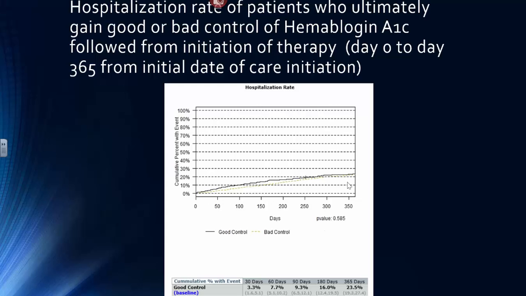Even though overall it's indistinguishable, there seems to be something going on in this earlier period. There seems to be a separation of the good control and the bad control people, and what we're seeing is the good control people are climbing into the hospital faster than the bad control people in this narrow time window.